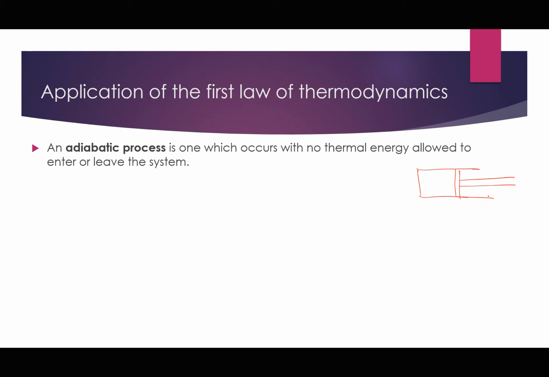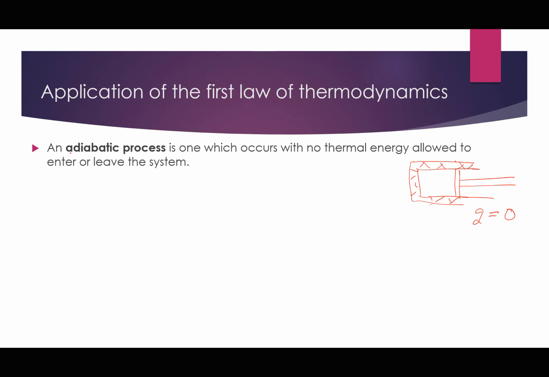So let us assume that the cylinder has been perfectly insulated. For this insulation, it means no heat enters or leaves the system. That means the amount of heat added or leaving the system is going to be zero. This is going to be called an adiabatic process.